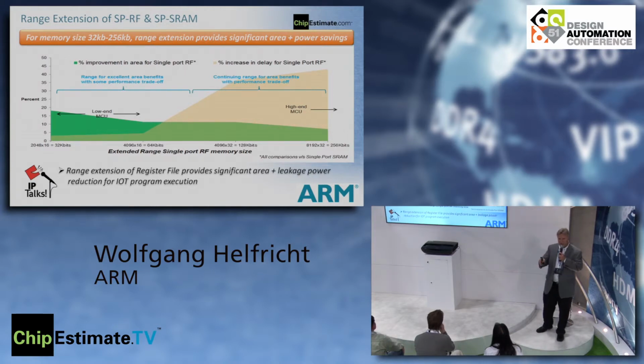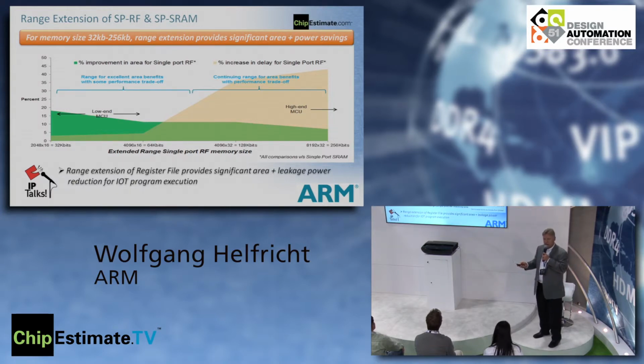However, if you run at 50 megahertz or 100 megahertz, performance is not an issue. So we extend the range of the register file to this larger area, have a much better area then, and you can also save on cost there.